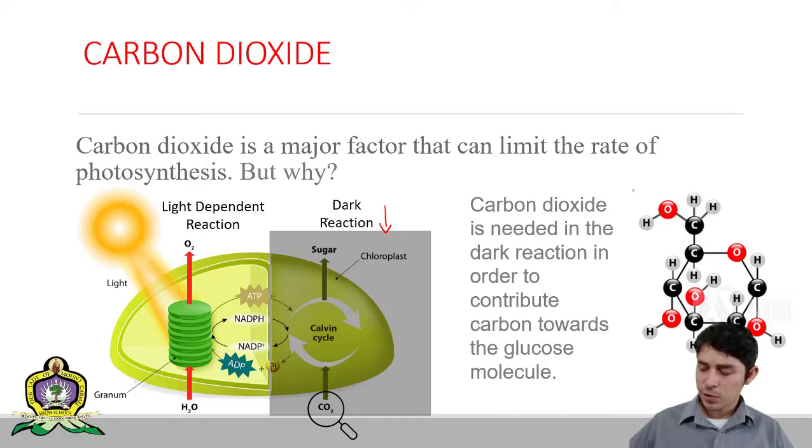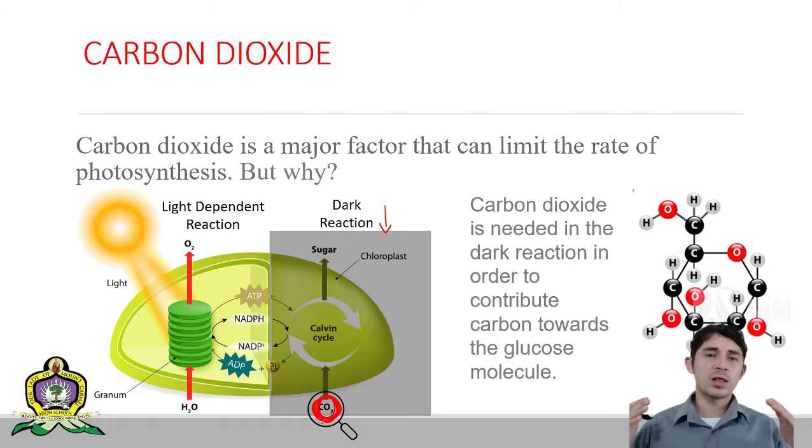In the dark reaction, you can observe that carbon dioxide is utilized in order to merge with the hydrogen that we get from the light reaction in order to produce glucose.